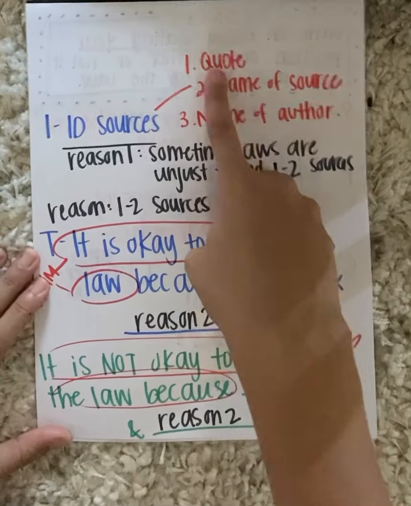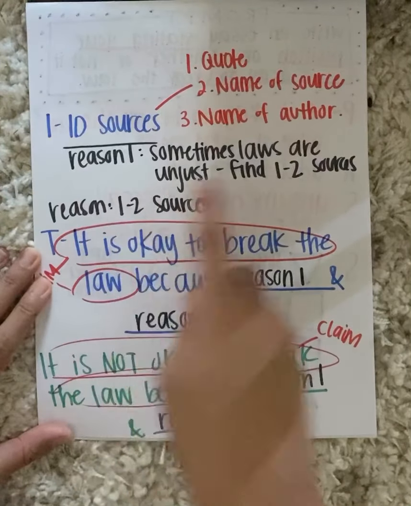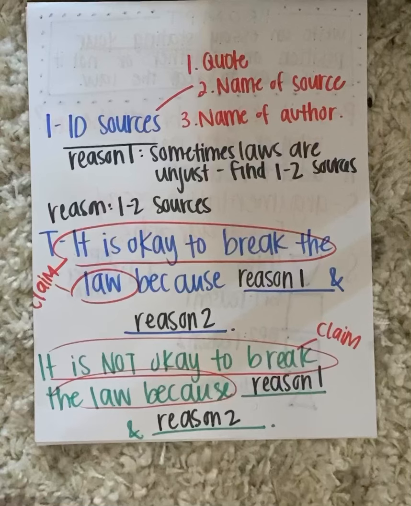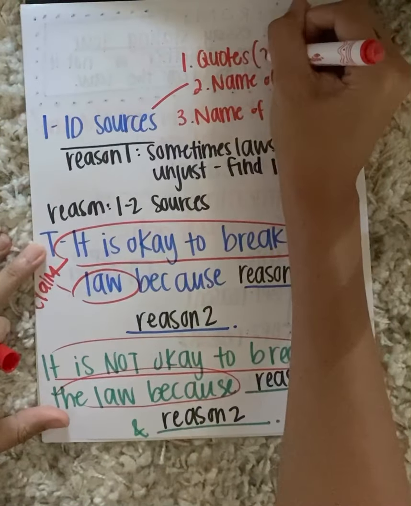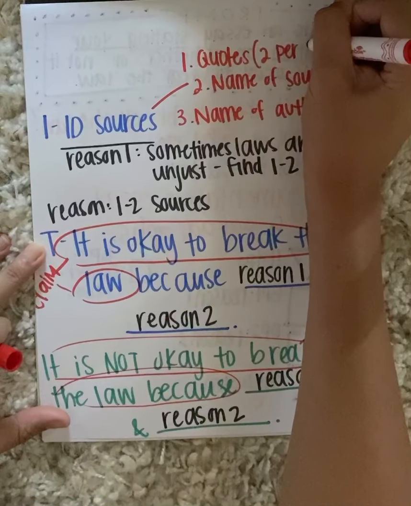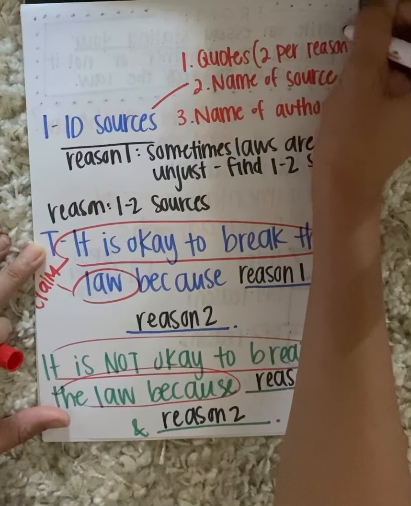These are the 3 things you jot down next to each of your reasons. It's best to find 1 to 2 sources, but if you're pressed for time, just focus on finding 1 to 2 quotes per reason.